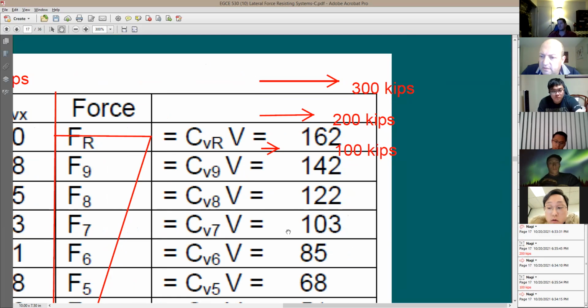And once the natural period goes higher, this number here is going to shoot up, and the middle numbers are going to come down. So instead of having this triangular shape like a straight line, when the natural period is low, it's going to look like this.